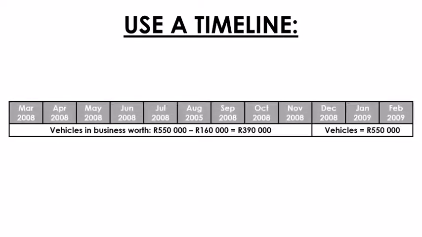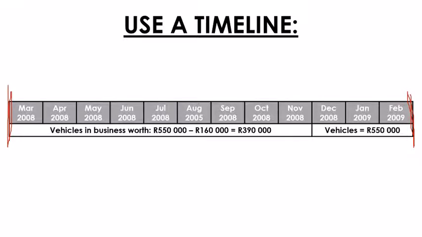Okay, so what I would recommend is that you draw your own timeline. This is now fancy schmancy with PowerPoint, but you can just draw a nice line indicating that the year started on the 1st of March 2008 and the year ends on 28 February 2009, and you've got your 12 months.